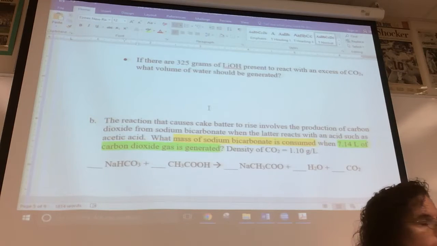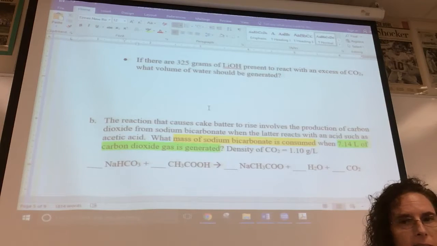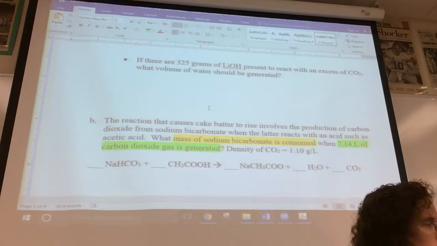That's what we're looking for, highlighted in yellow, when 7.14 liters of carbon dioxide gas is generated. That's my given. The density of carbon dioxide is provided as well. Incidentally, that is the exact reaction that you ran in the lab last week, where you generated a gas and you saw bubbles in the flask.